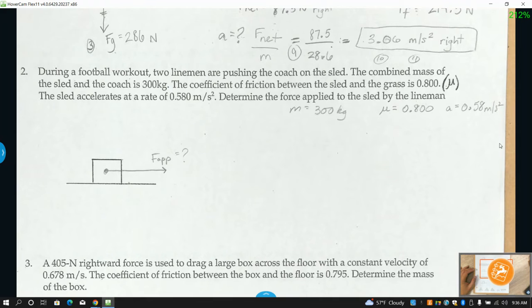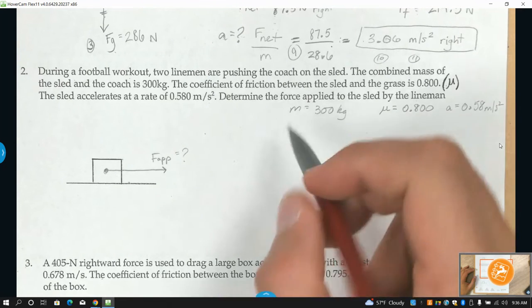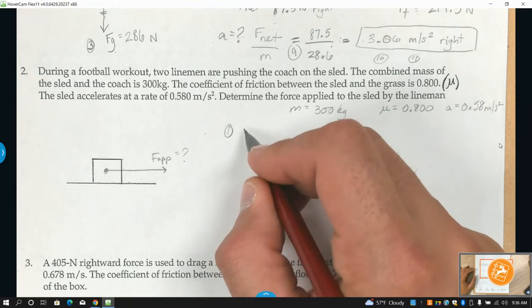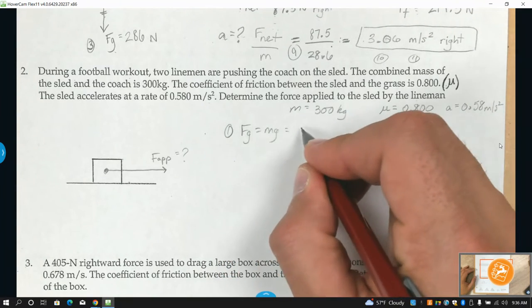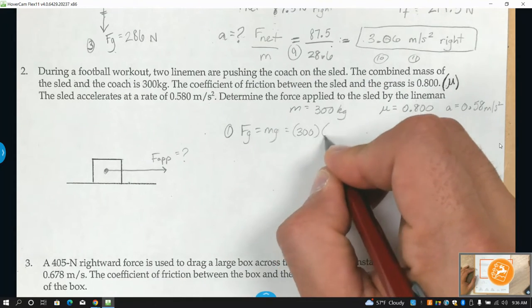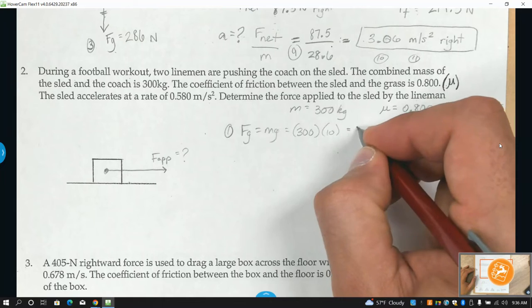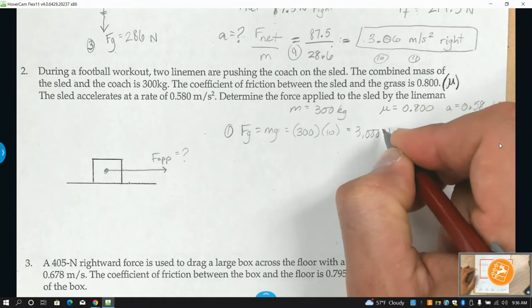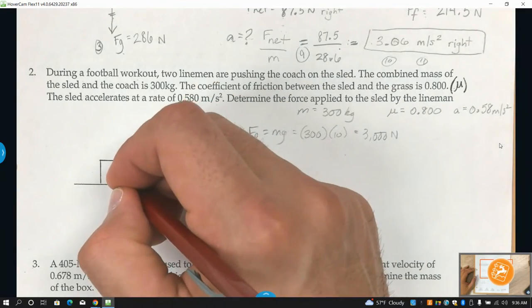But what can we do? Right off the bat, we can do 2 things. One, you're given mass, find weight. So 300 times 10 gives us 3,000 newtons.